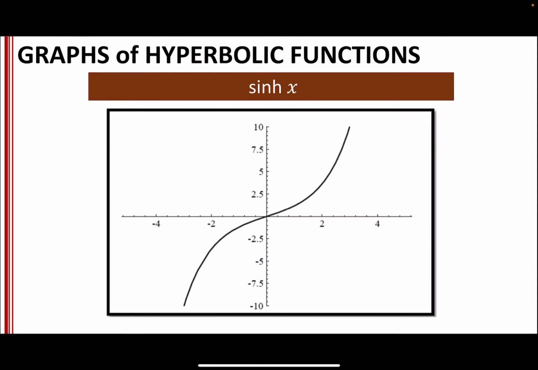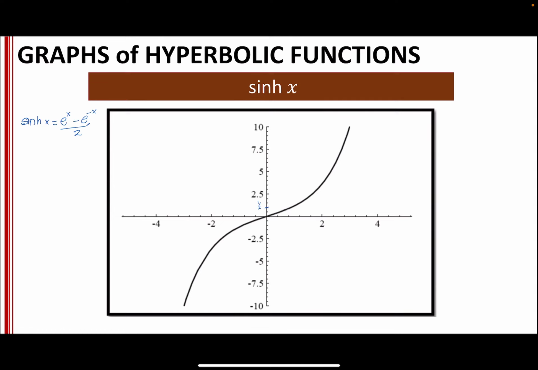Now let us take a look at the graphs of the hyperbolic functions. So first, the graph of sinh x. We know that the definition of sinh x is e^x minus e^(-x) over 2. So let's say we have here 1 over 2.